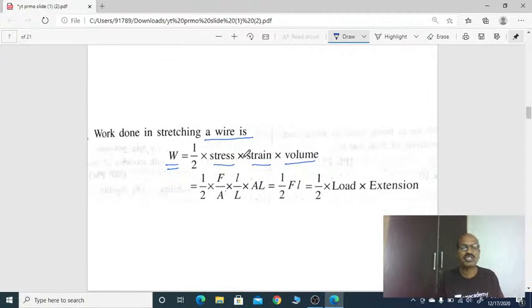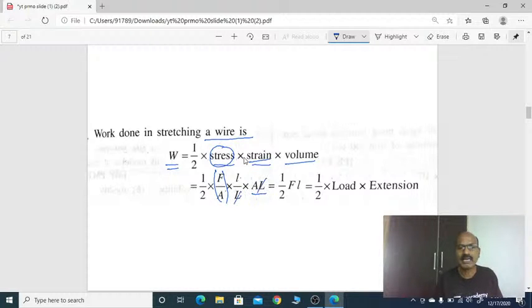So work done equals half into stress into strain into volume. Stress we know is force by area, strain is increase in length by original length, volume is area into length. Substitute all.